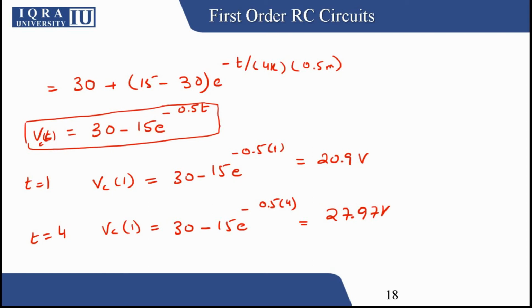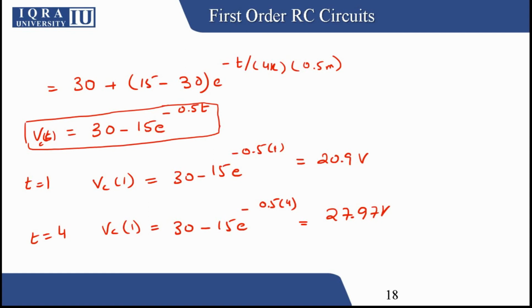So this is the way, when we have different sources, we can calculate the voltage across the capacitor. When the capacitor is charging with natural response and we also have the forced response, then we have two different responses, so we have to add these responses.